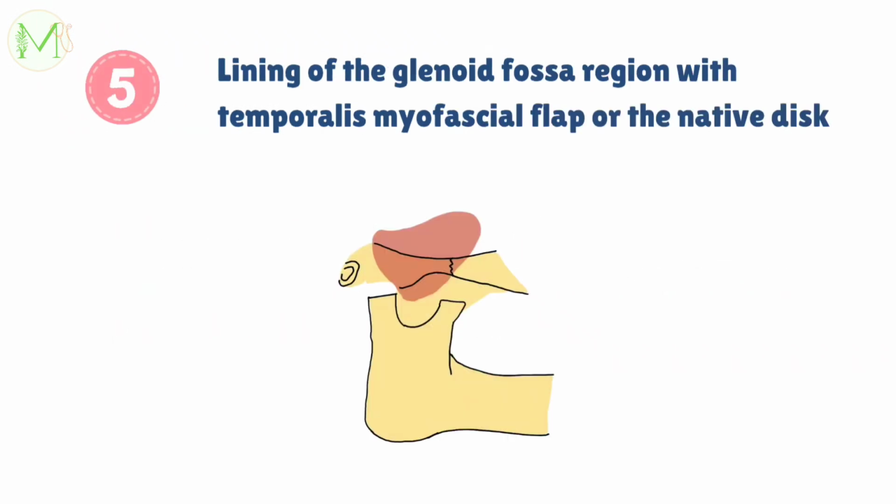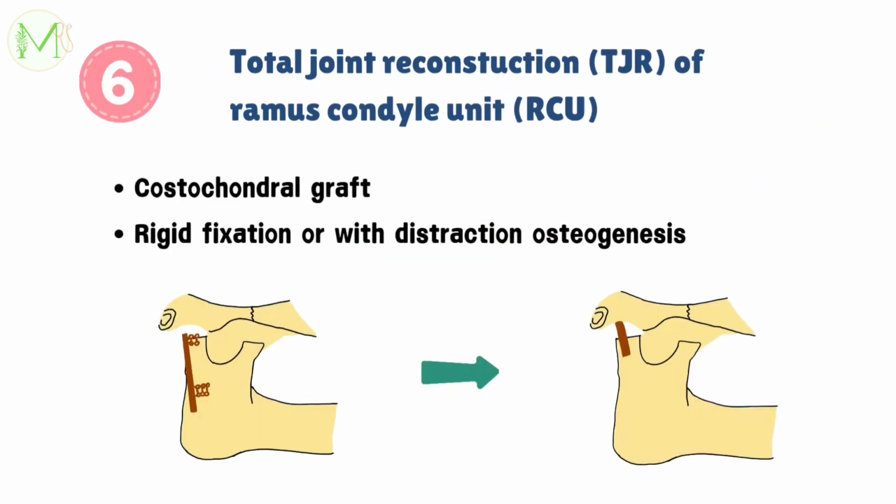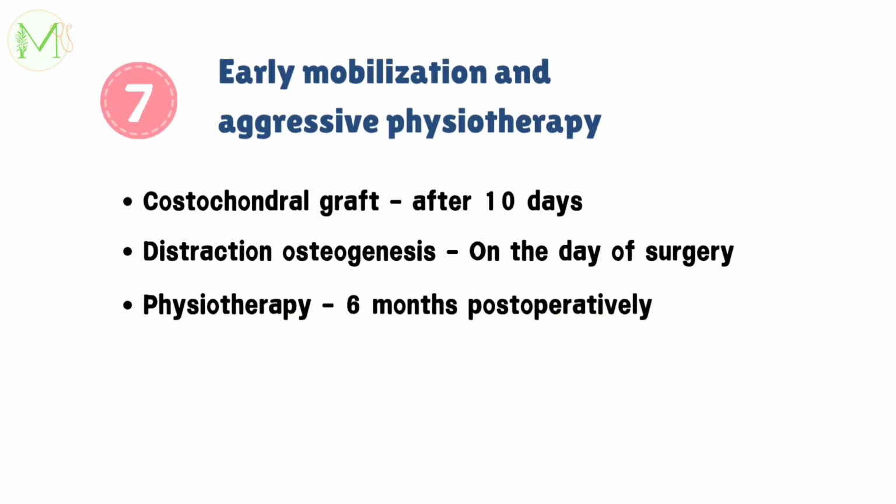After this, we need to line the glenoid fossa region with temporalis myofascial flap or native disc, if it can be salvaged. Now, the total joint reconstruction of the ramus condyle unit is done with the help of costochondral graft and rigid fixation or distraction osteogenesis. The next step is early mobilization.